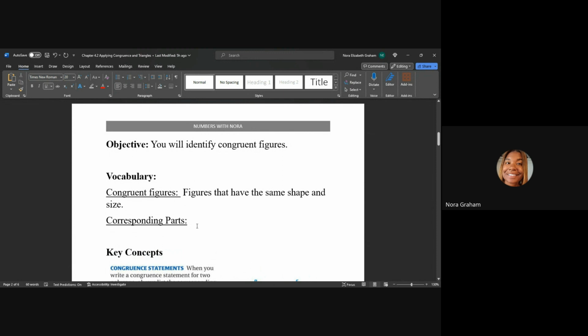As for corresponding parts, these are going to be parts that match between two congruent triangles.